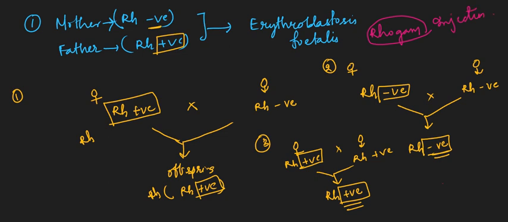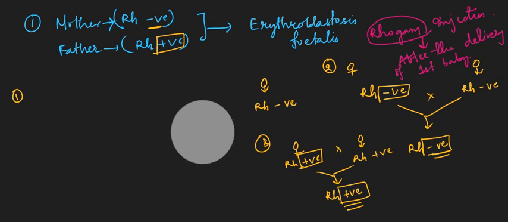This Rogam is injected into the mother after the delivery of the first baby. After the delivery of the first baby, this Rogam is injected inside the mother's body. So what will this Rogam do?